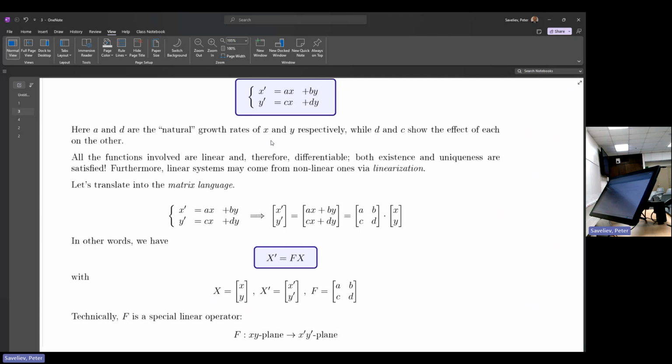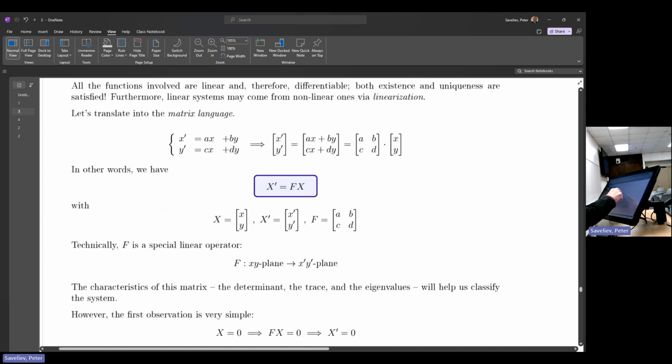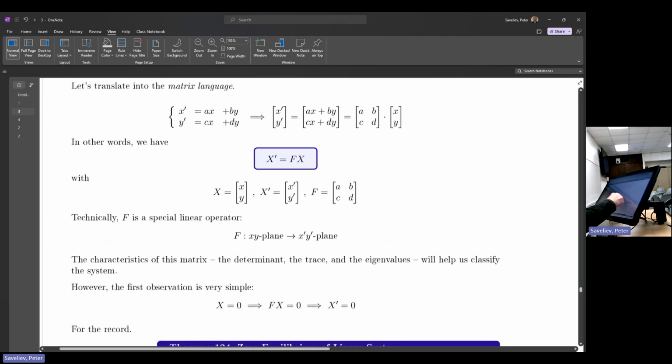So x prime is a two-vector, x is a two-vector, f is a 2 by 2 matrix. As you can see, the complexity is still there in comparison. It used to be one number in the one-dimensional case. Now in the two-dimensional case, it's four. So the variety of things that we can encounter will be by far higher.